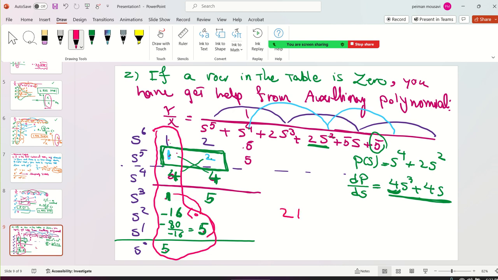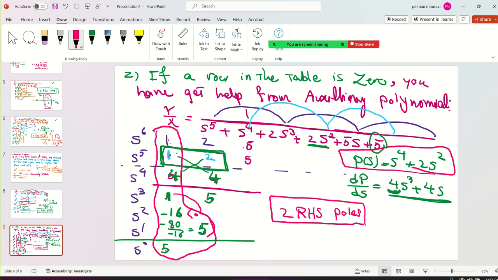You have 2 right hand side poles. So the lesson is if you have one row that is 0, you get the auxiliary term polynomial from the upper line. Differentiate with respect to s, put the coefficients here and continue. You got it, everybody?